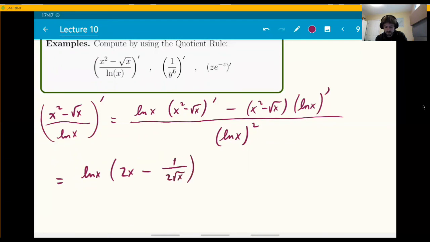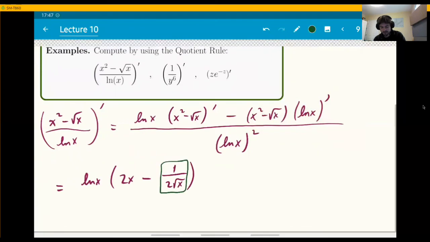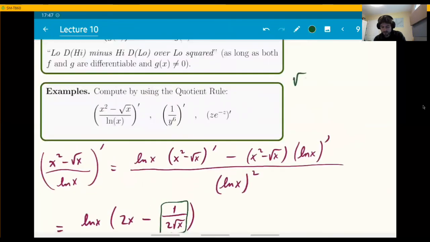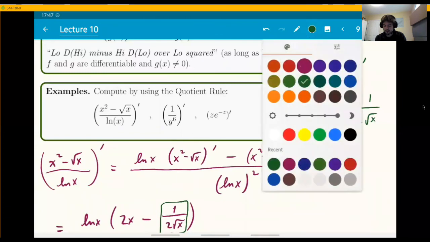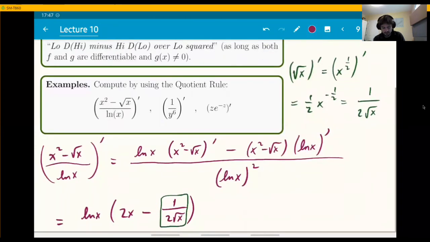So let me circle this in another color and compute that separately up here. The root of x prime is the same thing as x to the 1/2 prime. We've done this using the power rule and then rewriting this expression. That's a derivative that you're going to end up memorizing. Derivative of square root of x is 1 over 2 times square root of x, found by the power rule.